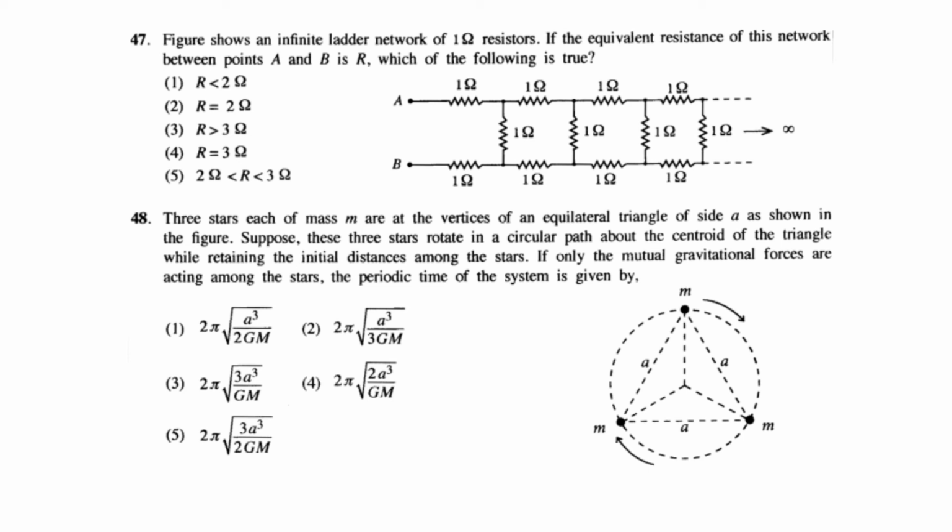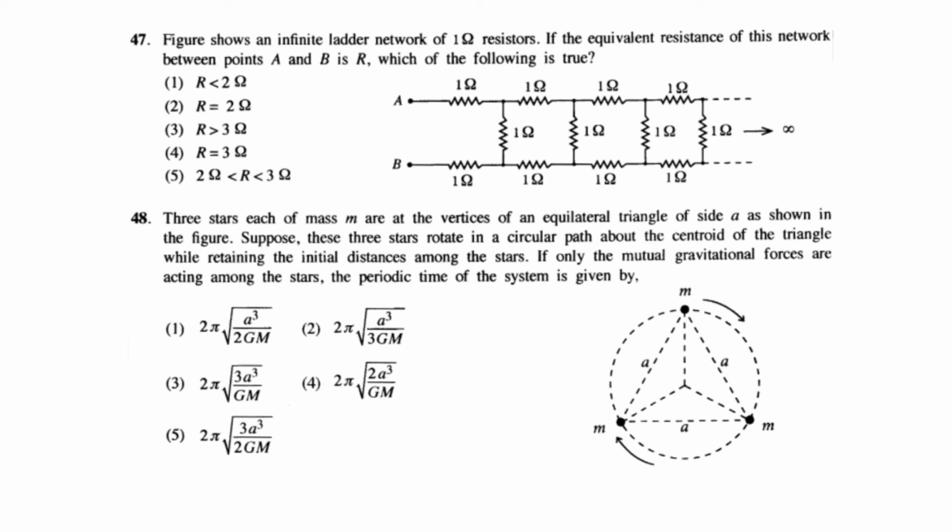Then we have to take the components in the direction of the centroid, that is Fb cos 30 plus Fc cos 30. Since Fb and Fc are equal, we can write 2 times G m m divided by A square cos 30 equal to the centripetal force.